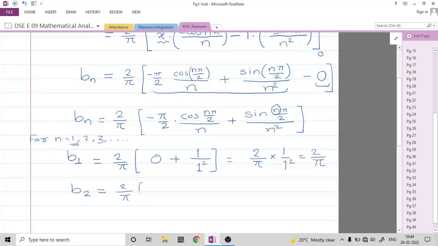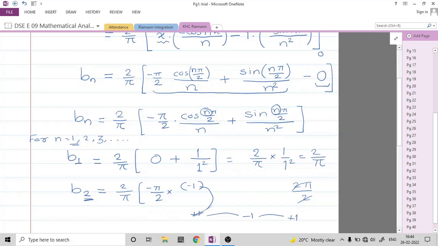So 2 by pi minus pi by 2, when you put n is equal to 2, cos 2 pi by 2 means simply cos pi, and cos pi is minus 1, starting with minus 1. For even numbers 2, 4, 6, this cos becomes alternate, minus 1 plus 1, again minus 1 plus 1.